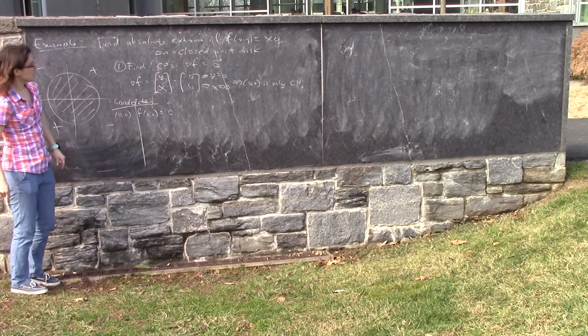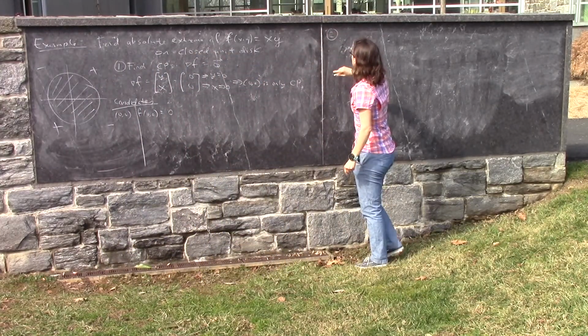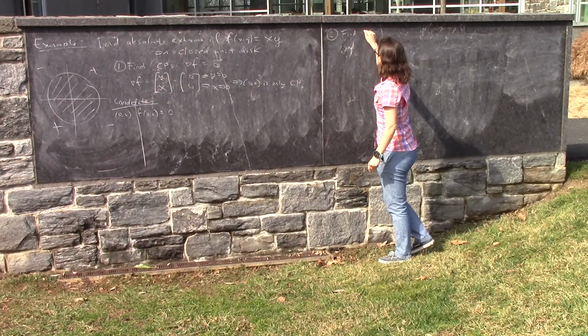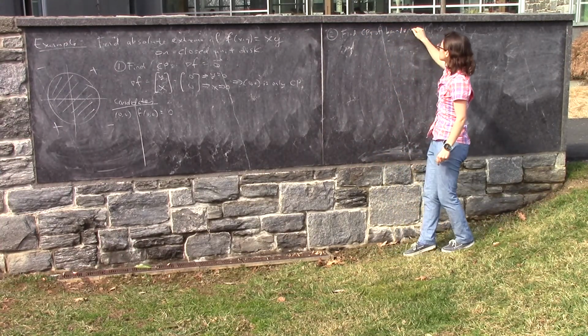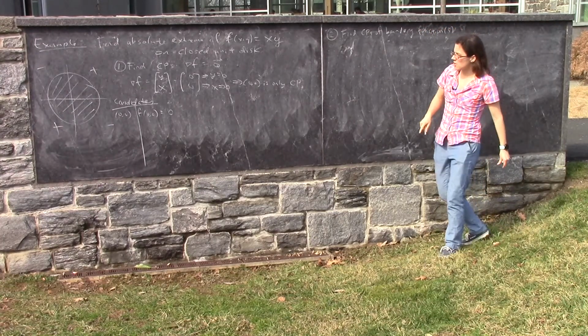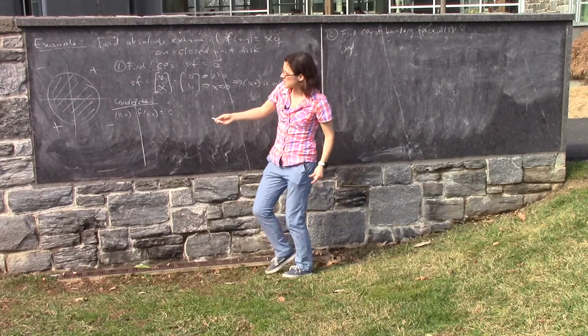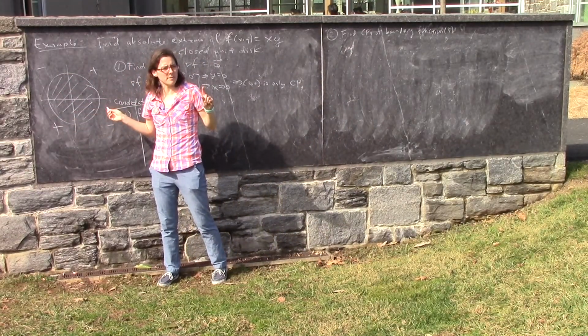Okay, so let's do the boundary. Find critical points of the boundary function or functions. We need to somehow parameterize the boundary of the closed unit disk with one variable.